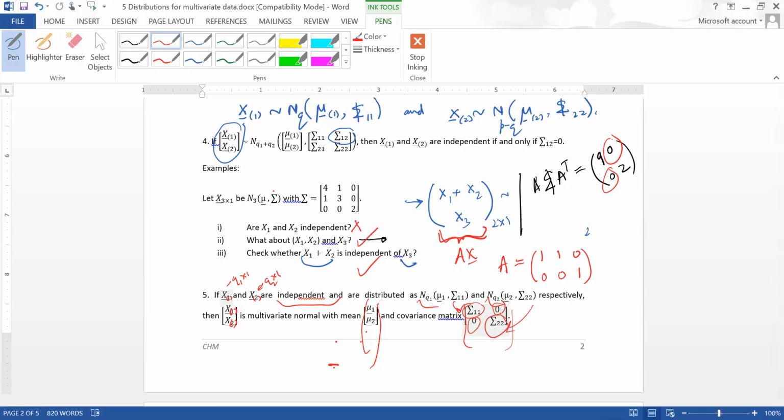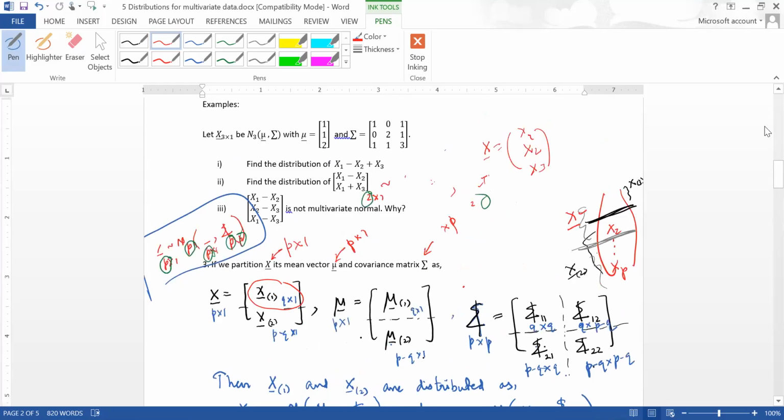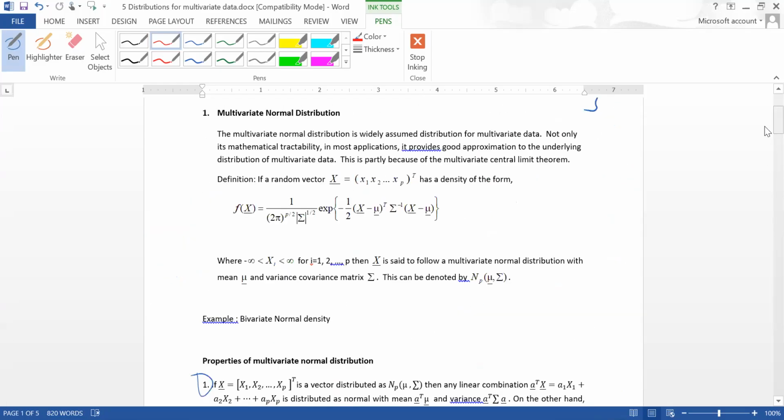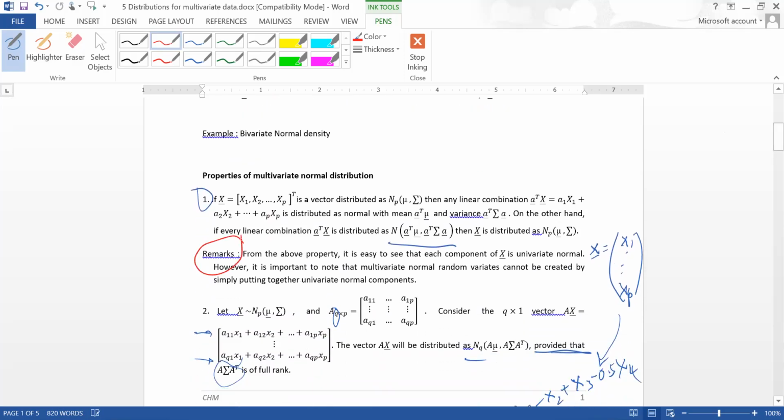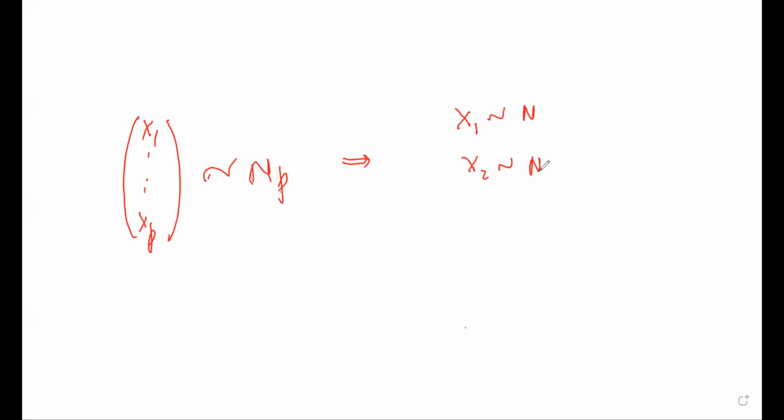So something that comes with something I explained last time, remember, according to the remark given after the first property. Here I explained last time that if you have a multivariate normal vector, then each of these x's are univariate normal, right?